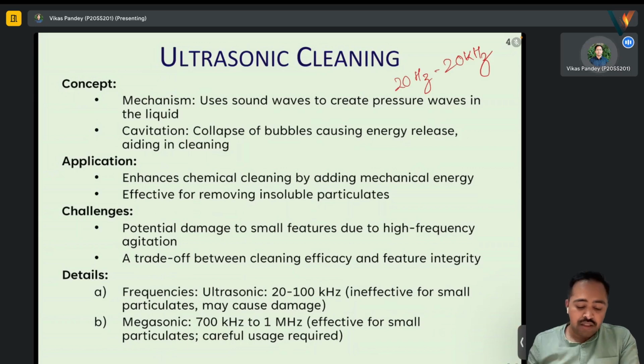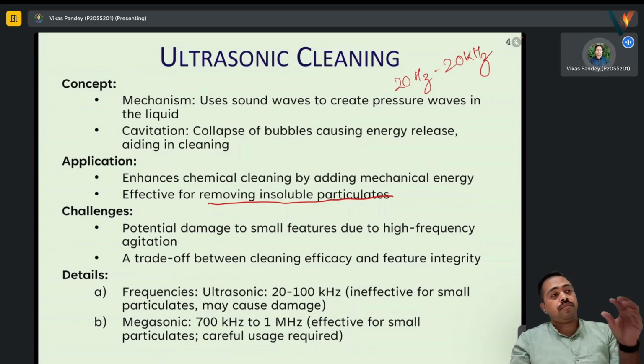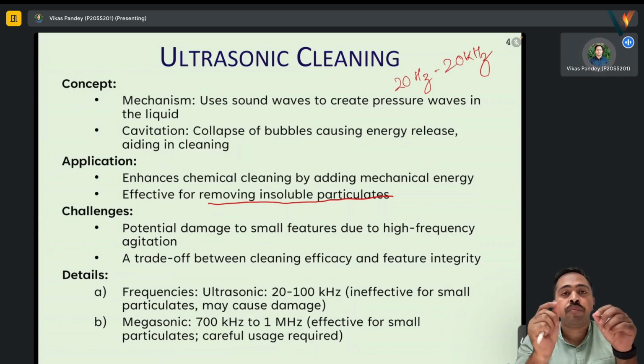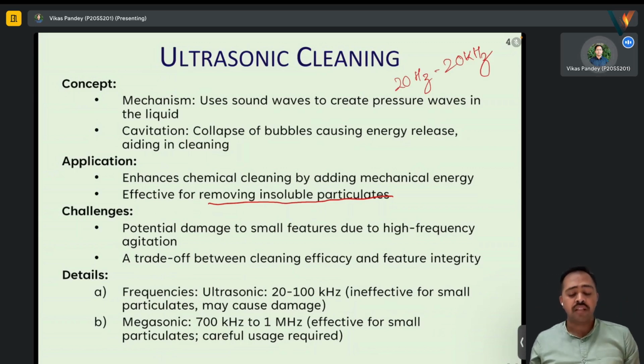This is very effective in removing insoluble particles. Suppose we have kept the wafer in acetone, and there is a particle that is not soluble in acetone, but when we use ultrasonic waves, such particles will also move into the solvent due to this agitation. But there are certainly some disadvantages, in that it can damage small features.